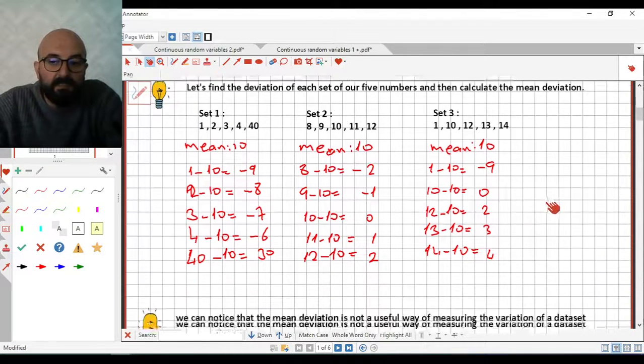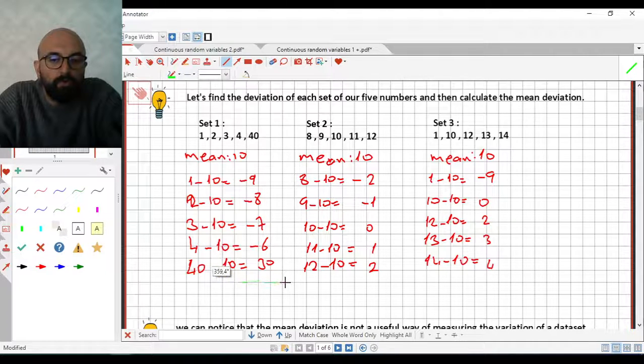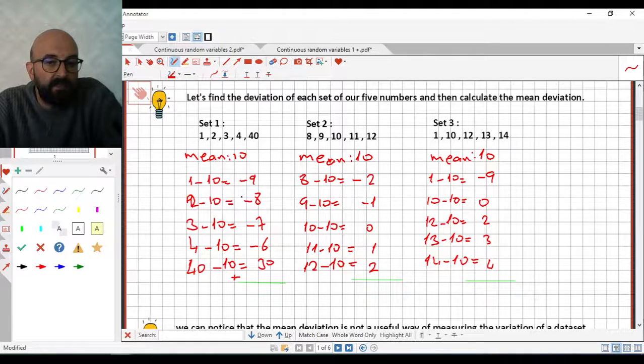Please notice that if you want to compute the mean deviation, you should sum all the deviations, and when you sum the deviations, you get 0 for all sets.